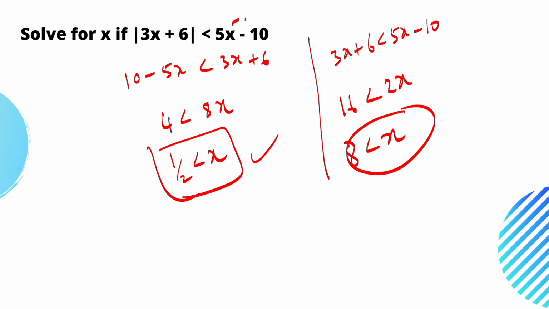So 10 into 3, this is 30, and 6, this is less than 5 into 10, this is 50 minus 10. So 36 is less than 40. So all the values that are greater than 8 will satisfy this equation. So this is the range of x.